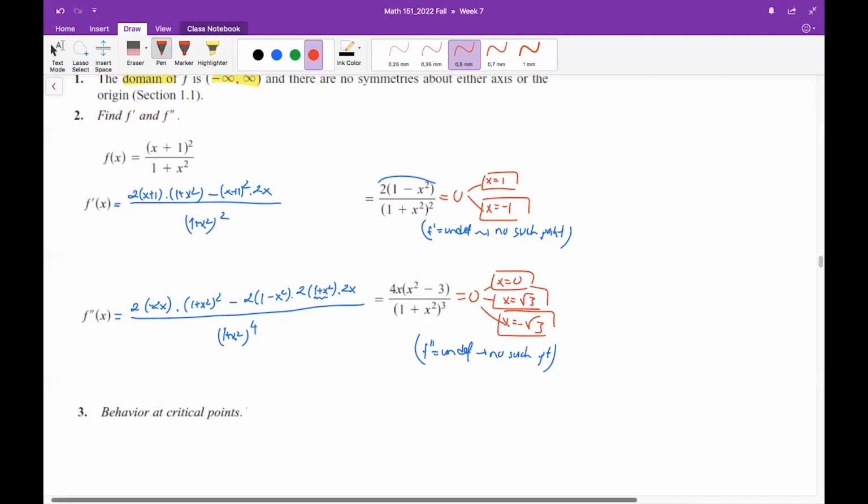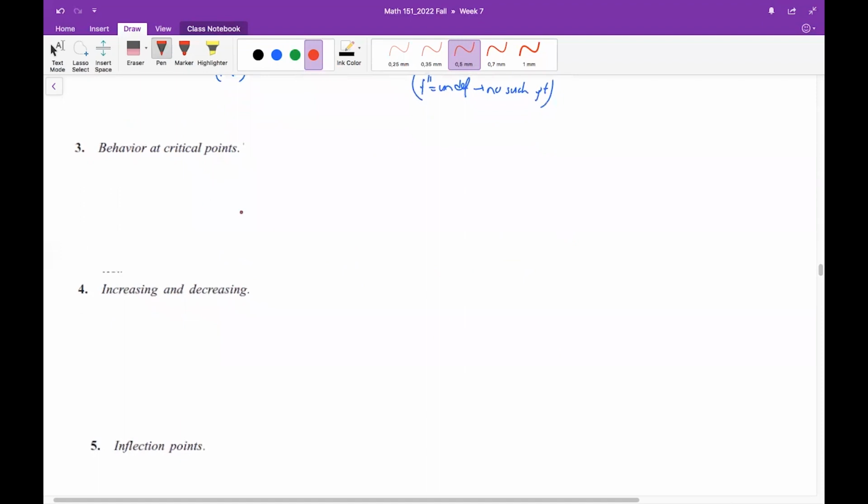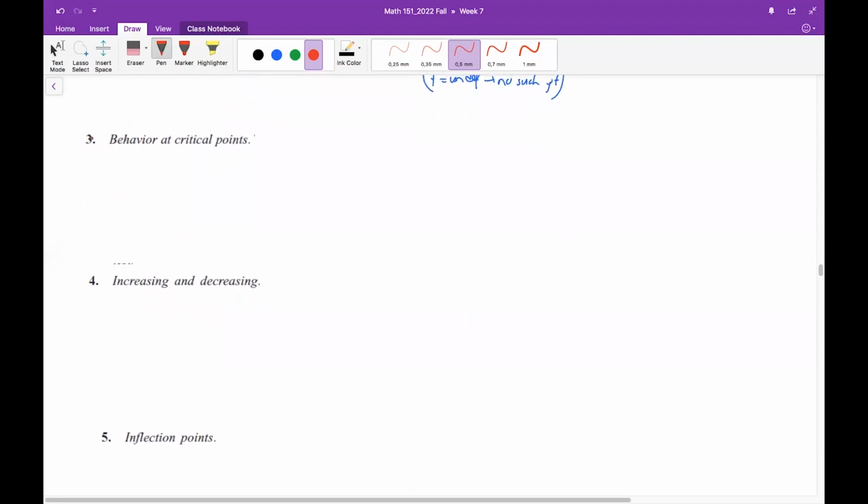Now, behavior at the critical points, increasing and decreasing intervals, and inflection points. We will handle these 3 steps together by creating the sign table, okay? So, what is a sign table?